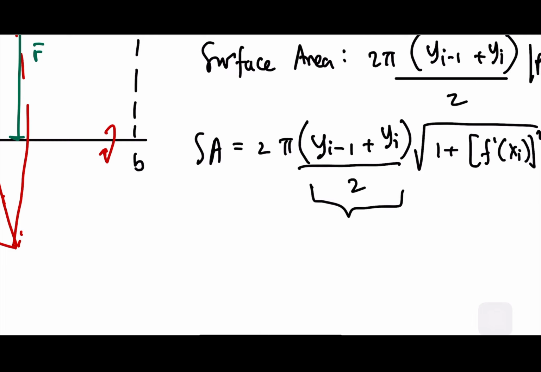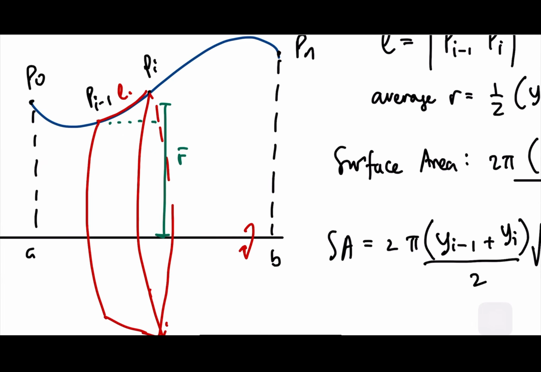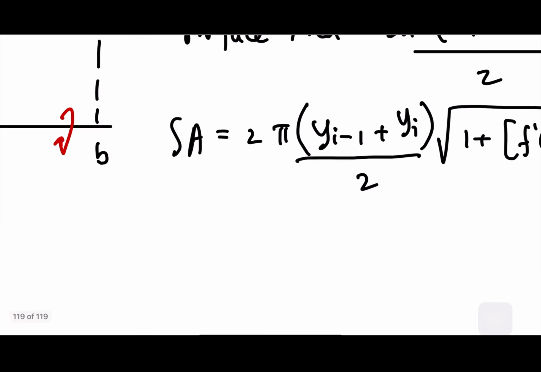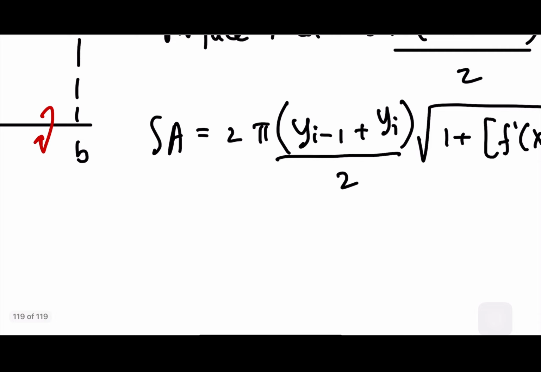We can write it as the radius, which is the average function f(xi).